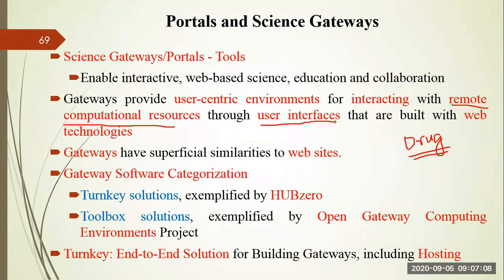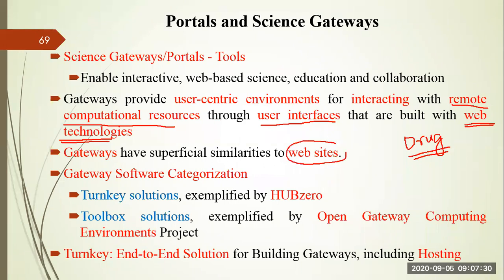You know about user interfaces. These user interfaces are generally built using web technologies, right? Any web technology, maybe any particular software, we are using to design this user interface. The gateway, if you see it in an overall sense, has a lot of similarity with websites. You are very much familiar with websites.